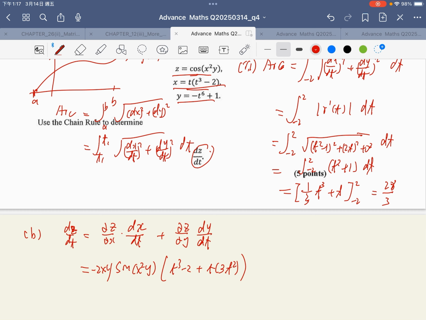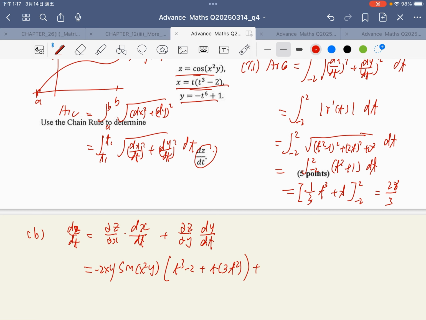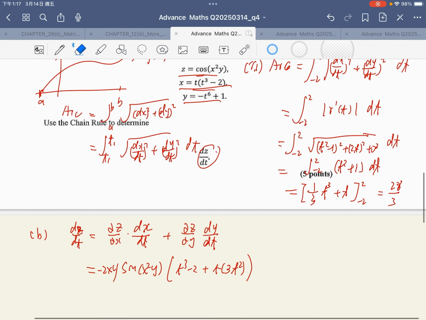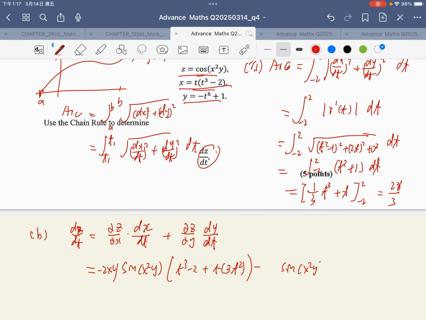That is the first part. For the second part, dz over dy is negative sine of x squared y, then differentiate the y with x squared outside. And by the chain rule, dy over dt equals negative 6t to the power 5.